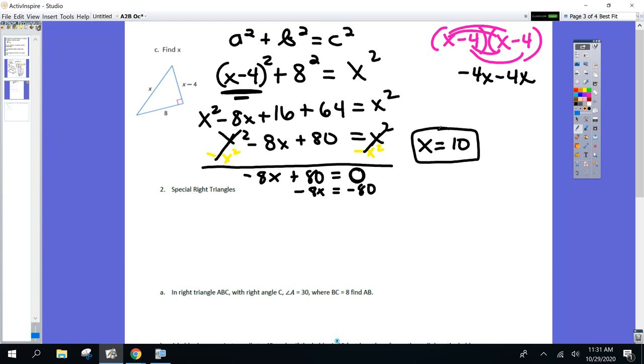All right, so next up, 2 special types of right triangles. The first type of right triangle we're going to talk about has 2 special degree measures in it, 30 and 60.